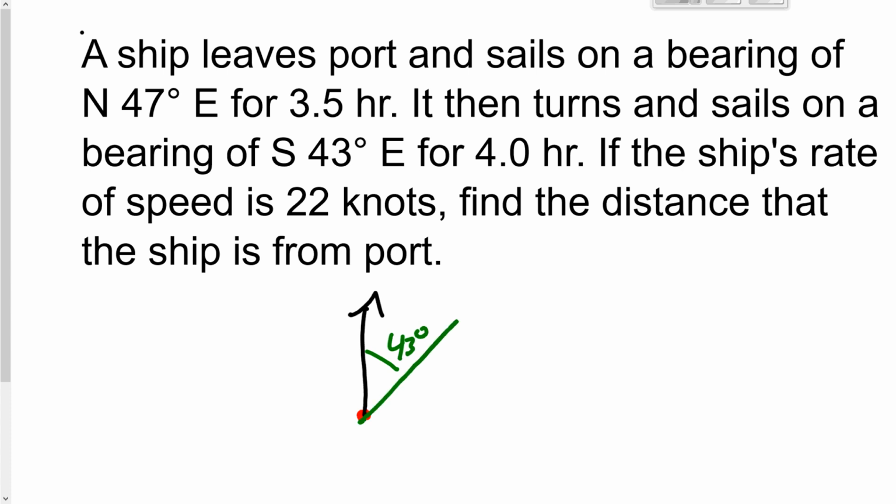We travel in this direction for 4 hours, and then we make a stop, and then sail on to the south. Once we turn, we're going off a south line, this way to the east, at 43 degrees.